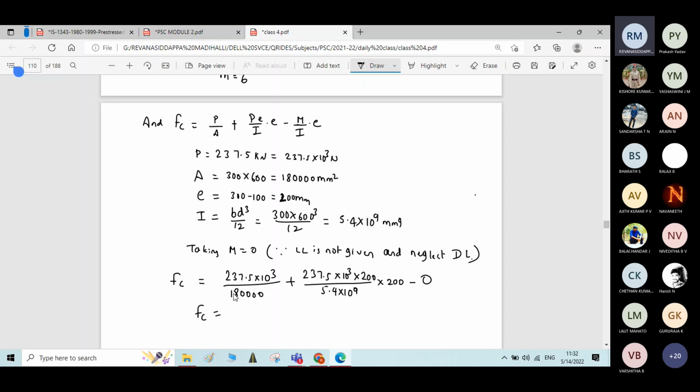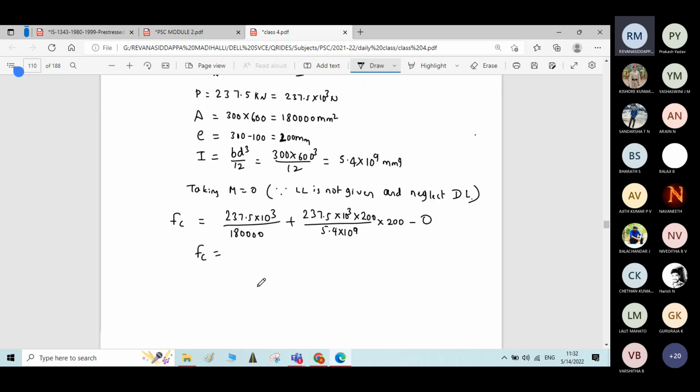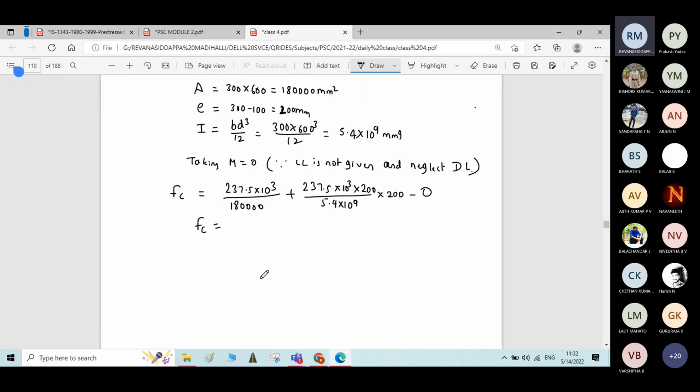Therefore, calculate the answer and check your answer. It is 3.07 Newton per mm square.